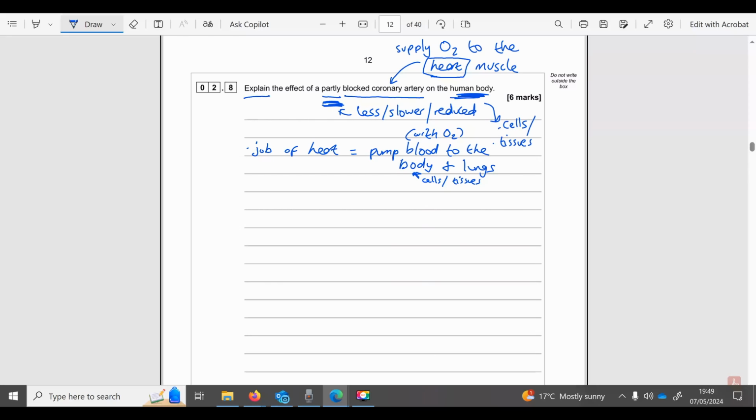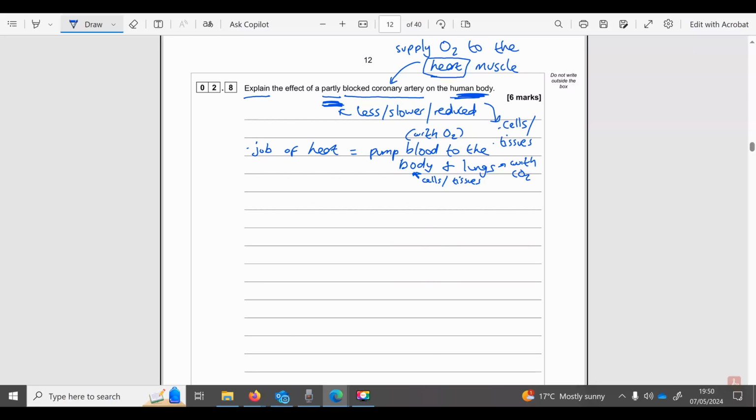We want the blood to contain oxygen. So this blood should have O2. If we want the blood to be pumped to the lungs, we want that blood to contain CO2, carbon dioxide, because we want to get rid of it through exhalation.